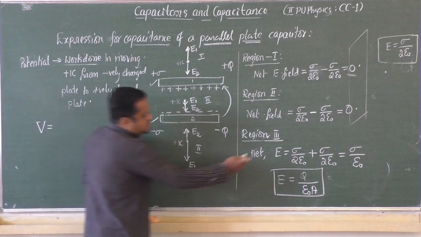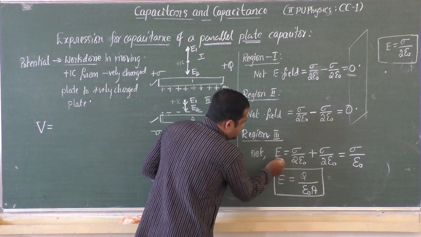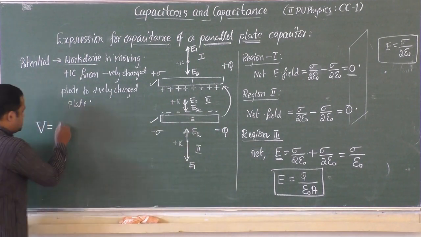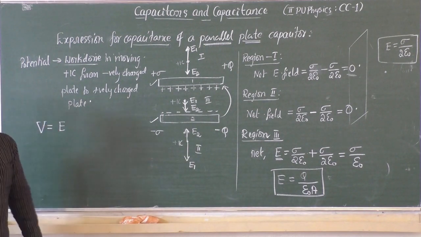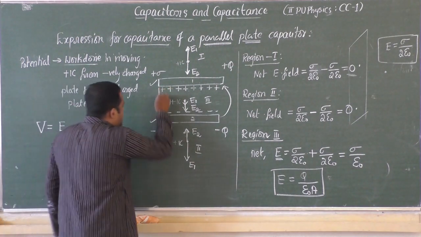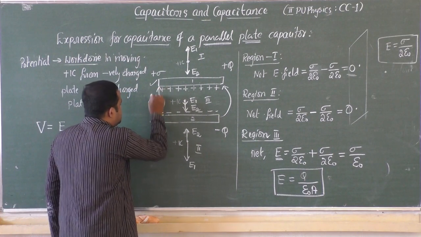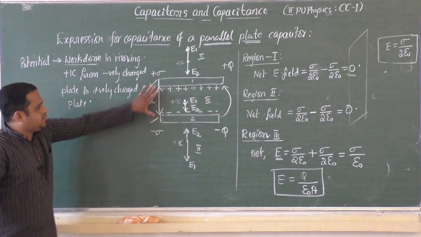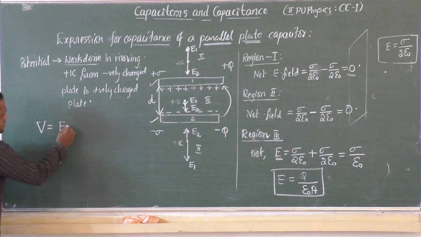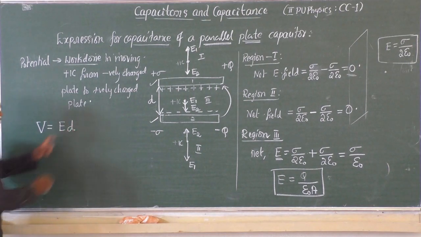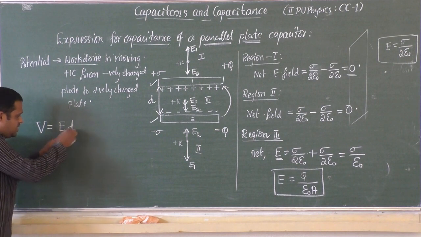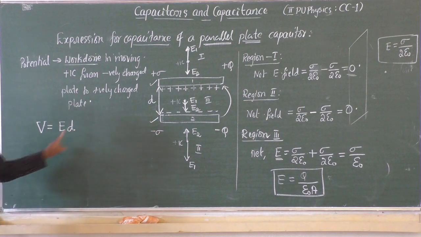Force acting on the unit positive charge is the electric field E, and let the distance between the plates of capacitor be D. Then work done is force into displacement: electric field into D.